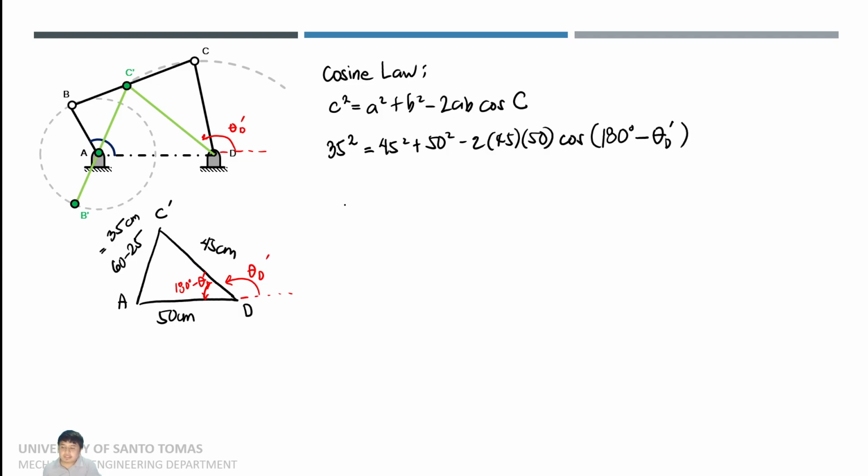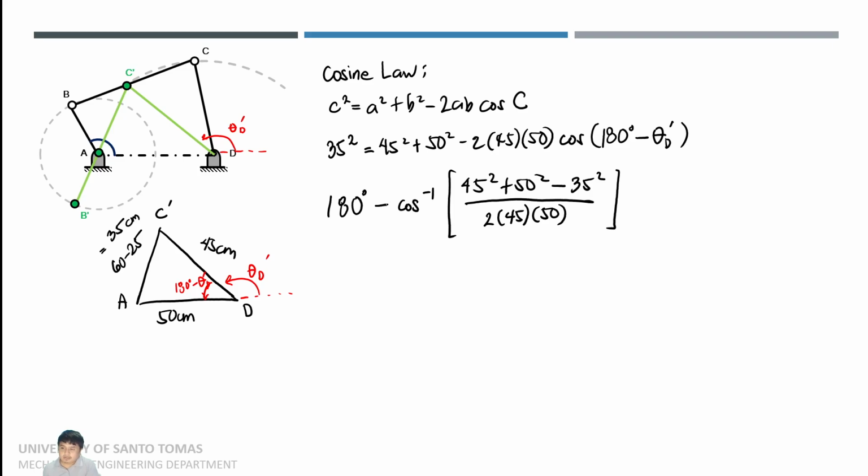To solve for theta, let me rearrange this equation. You have 45 squared plus 50 squared minus 35 squared, divided by 2 times 45 and 50. Then you use inverse cosine, or arc cosine, and then 180 degrees minus that to find this angle.